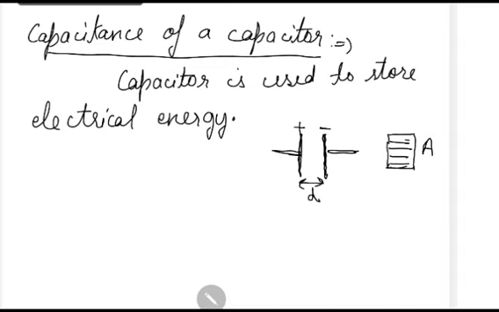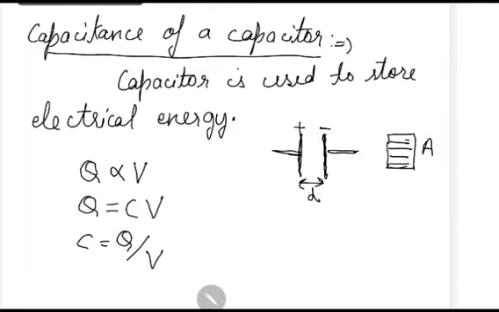So how can we find out the value of capacitance? We know that the charge stored in a capacitor is directly proportional to the potential. If we remove this proportionality sign, we get a new term, the capacitance of the capacitor. So capacitance is Q upon V. Is it clear?